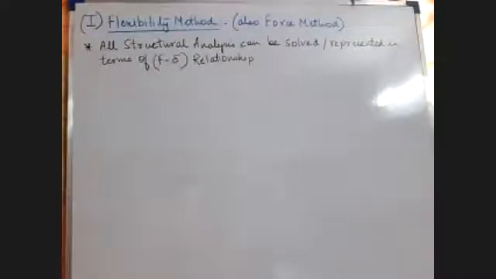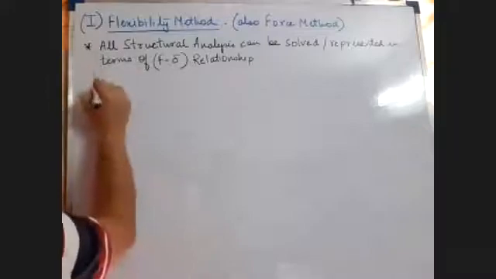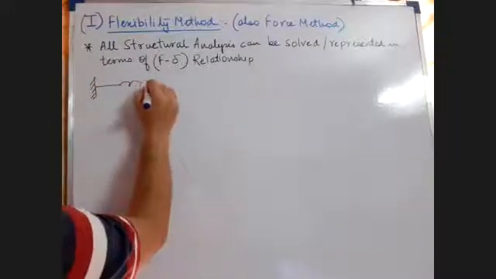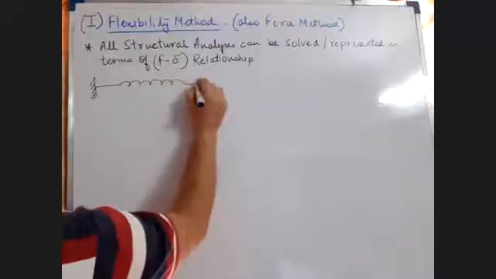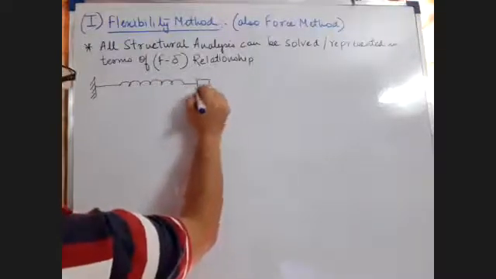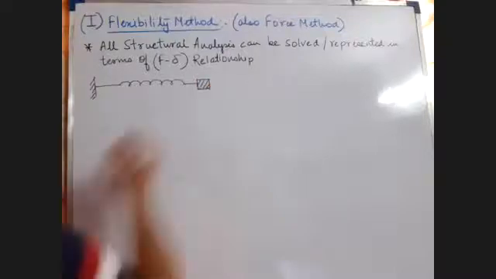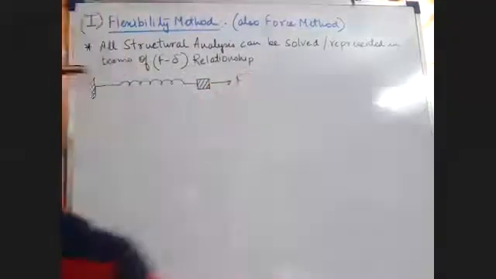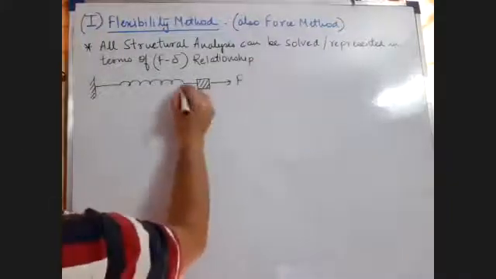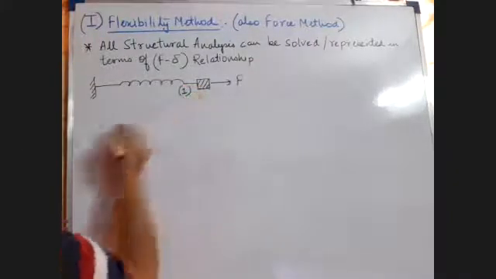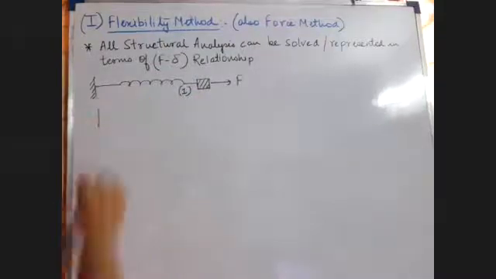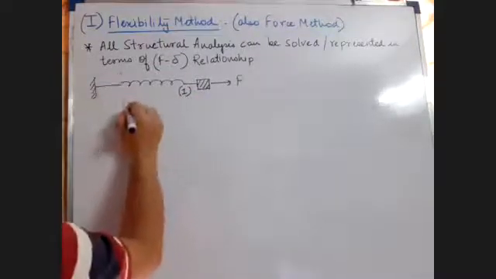Now how? Let us take a basic example of a spring. With the spring we have a mass, and I am pulling with a force F. This is position 1, the case of the undeformed structure.